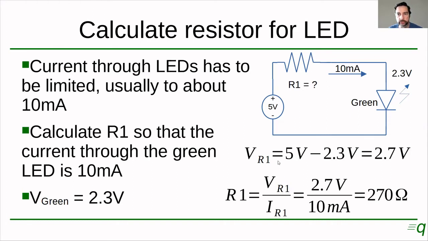We divide the voltage on the resistor, which is 2.7 volts, by the current through the resistor, which is 10 milliamps, and we obtain 270. So that's our answer, 270 ohms. We put a 270 ohm resistor there, and this LED is going to turn on with 10 milliamps flowing through it.